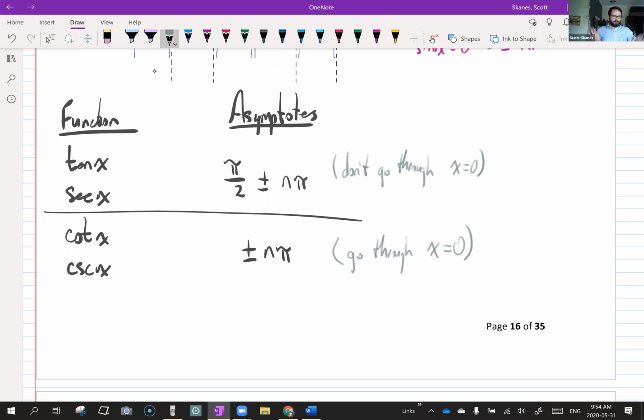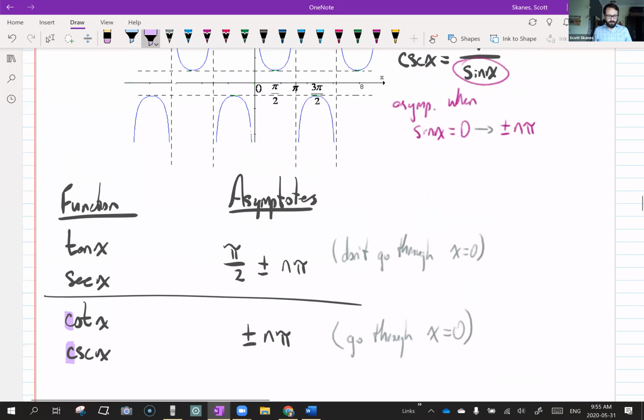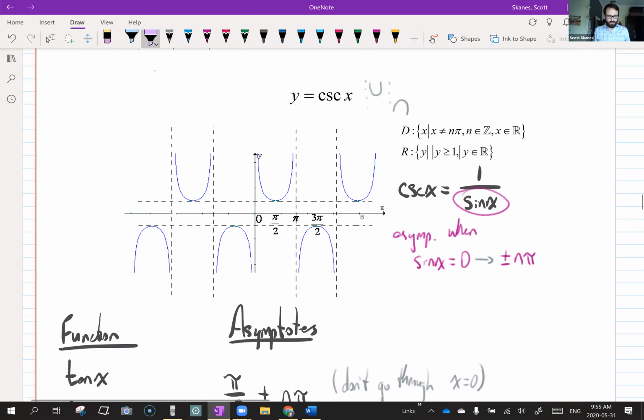But there's an easier way. Let me give you a little trick here. If you have a function that starts with c, cotan, cosecant, they both start with c, their asymptotes will be easier to figure out.